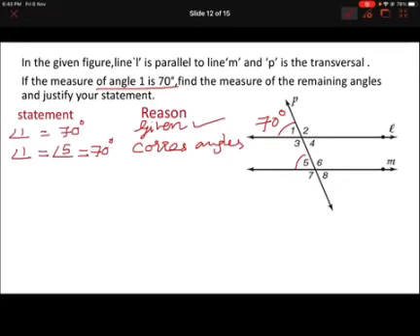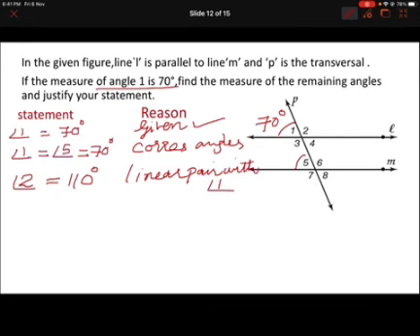So angle 1 we found, angle 5 we found. Now let us see angle 2 and 6 and make our job easy. Angle 2 is equal to 110 degrees. Why? It is a linear pair with angle 1. That is the reason.